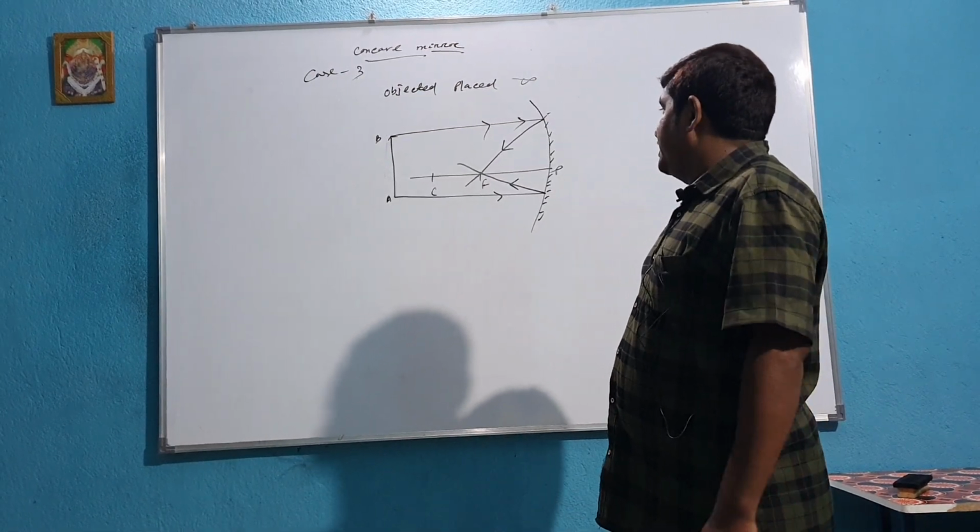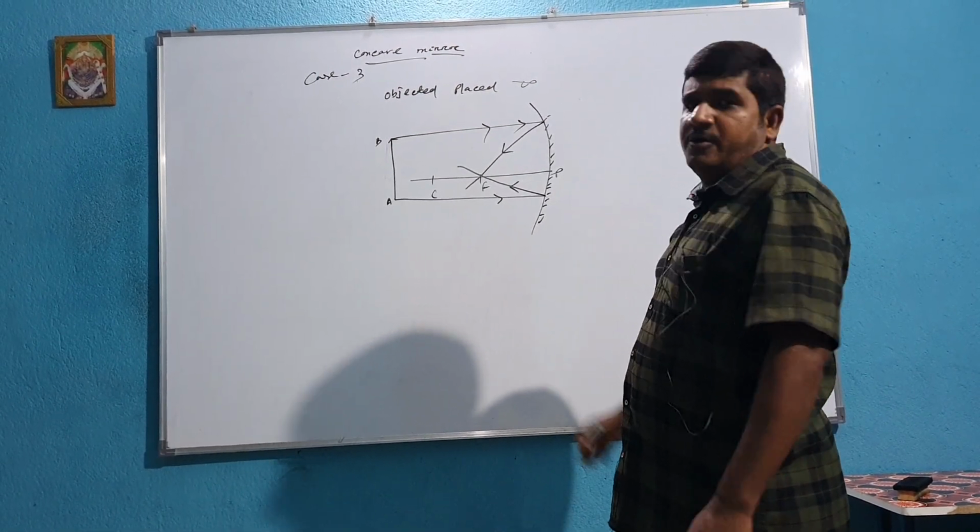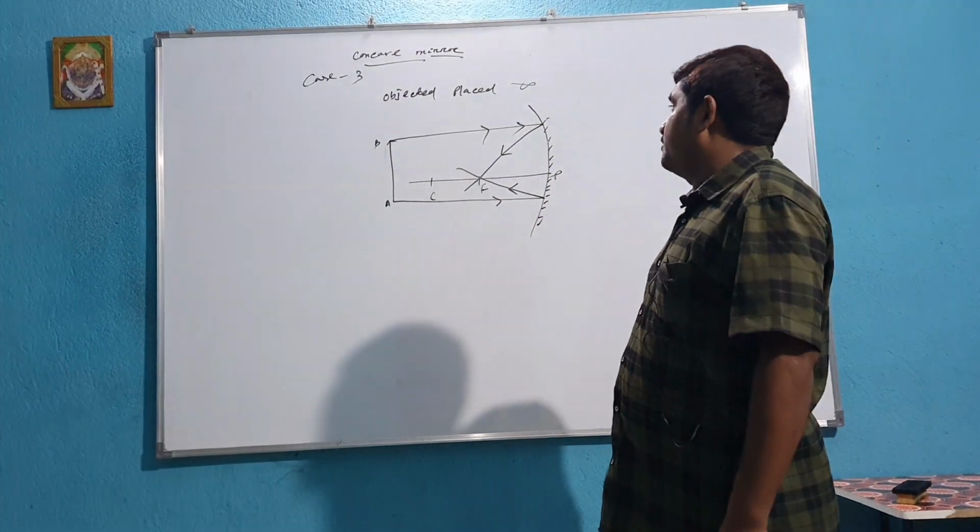Object placed at infinity, then where is the image formed? Image is formed at focus.